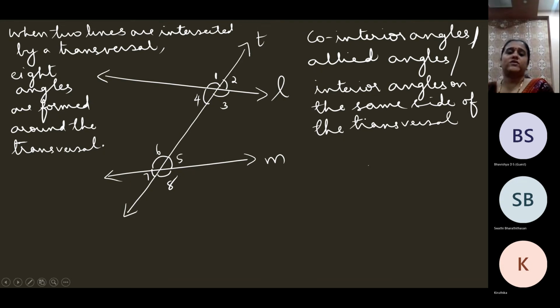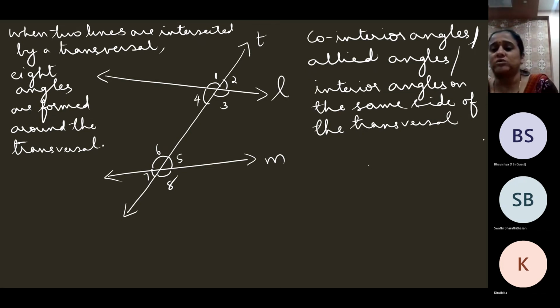So we are talking about two angles that are interior angles and which lie on the same side of the transversal, also called allied angles, also called co-interior angles. Co-interior angles are nothing but consecutive interior angles. Co meaning consecutive.